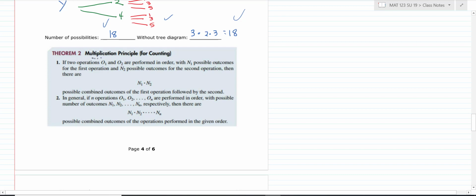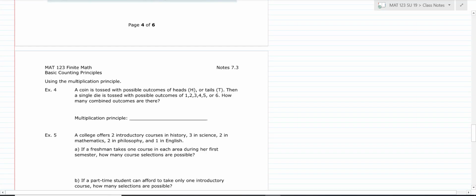If you had 3, you would do N1, N2, N3. If you had N operations, you just keep multiplying those. So with 3 operations, that's N1, N2, N3, the number of outcomes in each operation. That's what the multiplication principle is. The tree diagram helps you understand that.